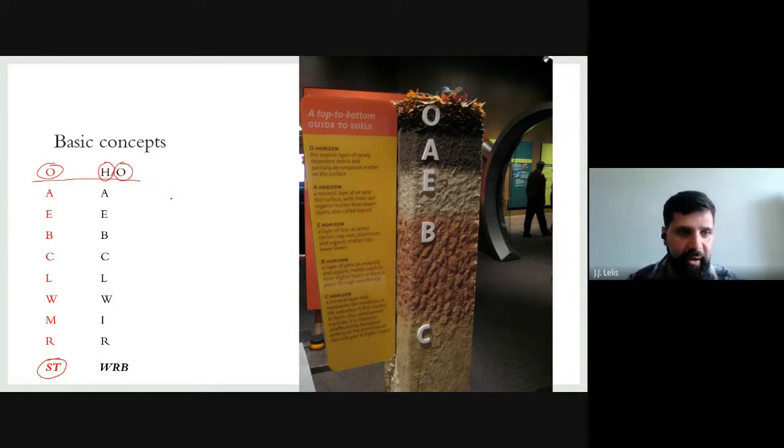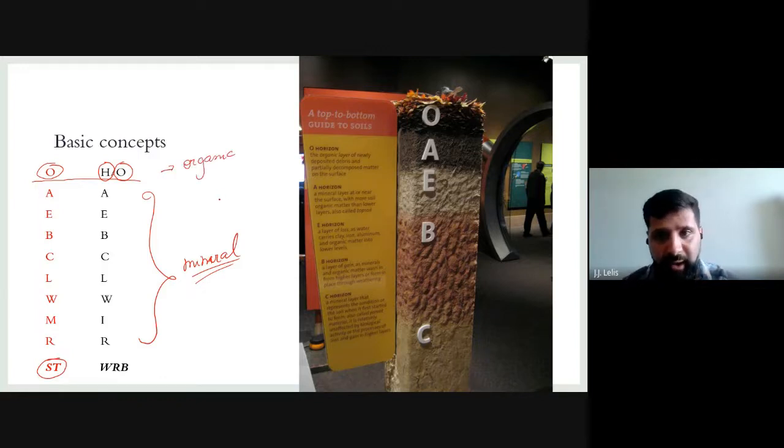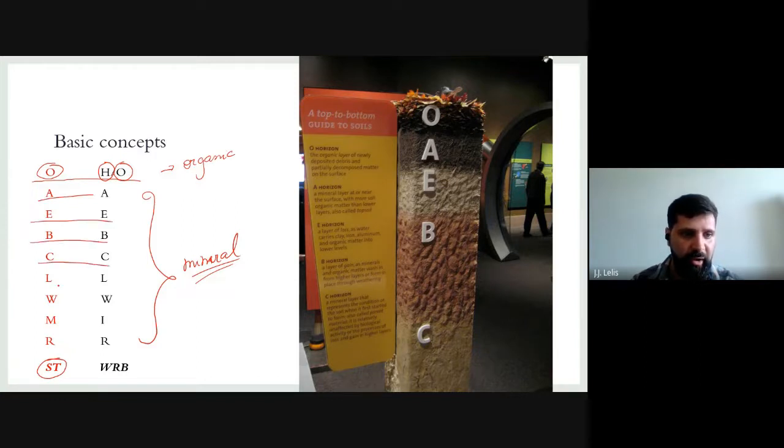Okay, we'll describe that. All these other ones are mineral horizons or layers, and these are the only organic horizons and layers that we have. Of course, they have specific definitions that help a lot to understand. You can see that we have the same concepts or definitions in several of them, including this, but here we have a little difference between them.